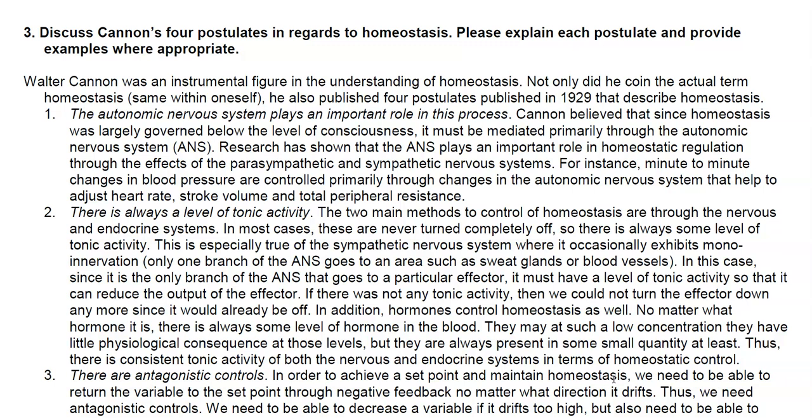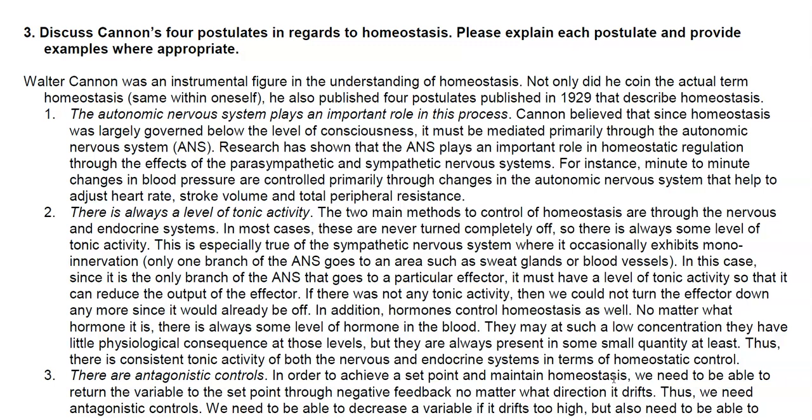For instance, minute-to-minute changes in blood pressure are controlled primarily through changes in ANS. As an example from what we learned today, an alpha-1 receptor having a norepinephrine molecule bind to it in a systemic blood vessel and constrict it and increase blood pressure would help regulate that.